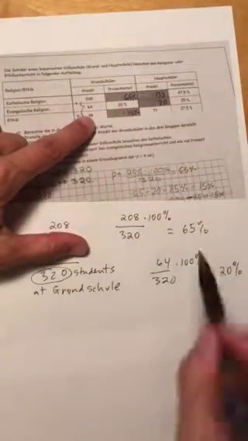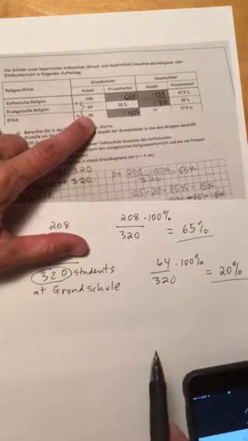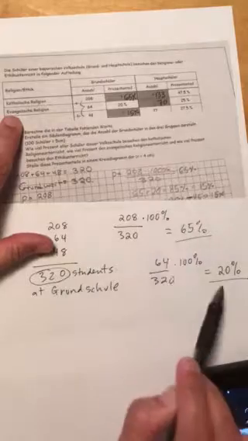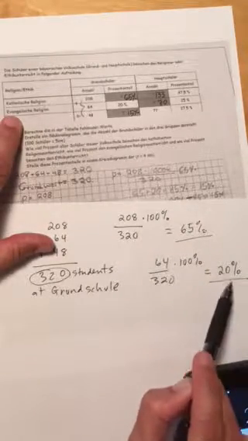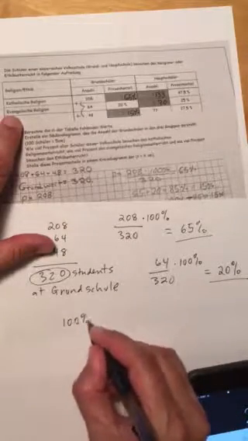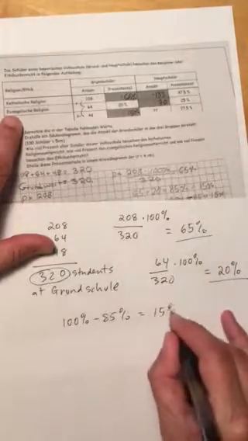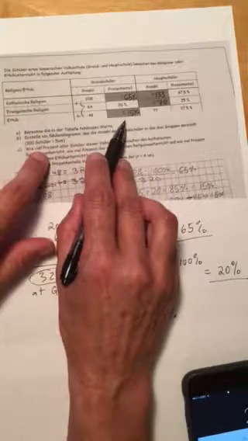Now we say, okay, so 65% of them are in Catholic, 20% of them are in Evangelisch, and all the percentages have to add up to 100. So 65 plus 20, that's 85. So 100% minus 85% is 15%. So this last box has to be 15%.